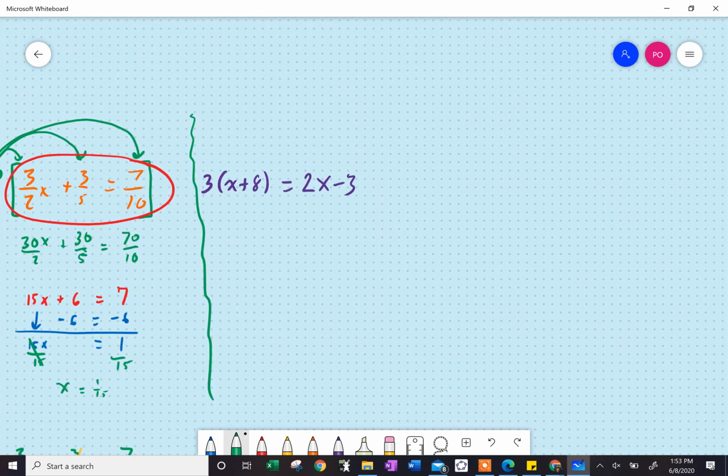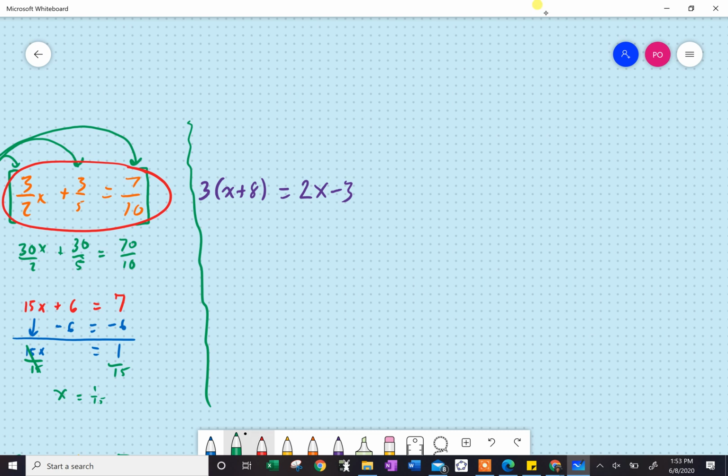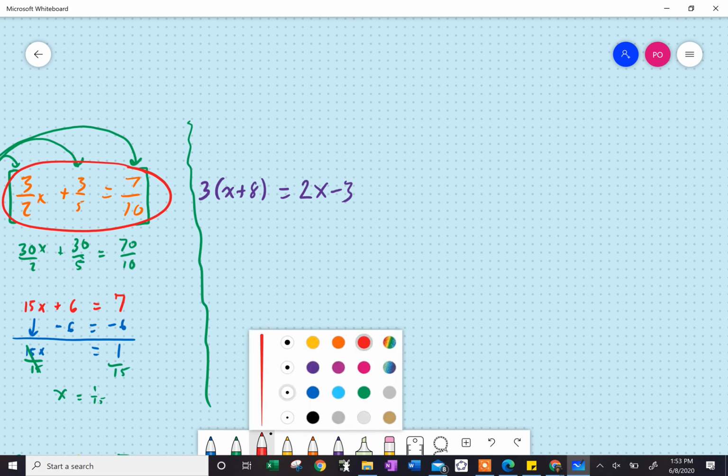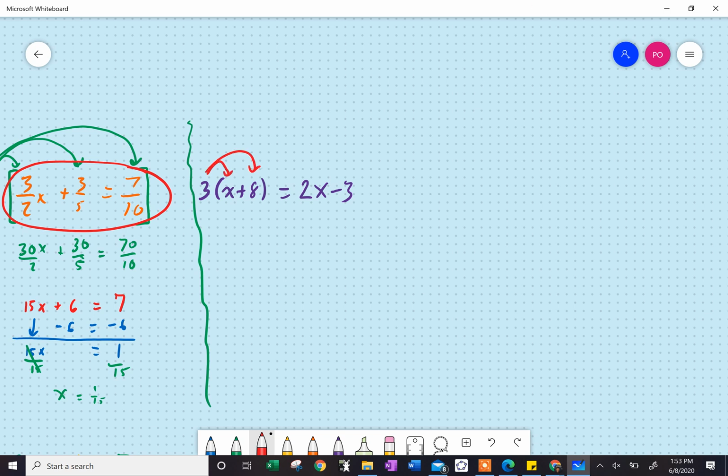Anyway, last one, super easy. Looks a little bit difficult, but it's not. I have some parentheses, so I'm going to get rid of those parentheses by distributing. 3 times x plus 8, if this is x plus 8, that 3 means I have 3 of them.